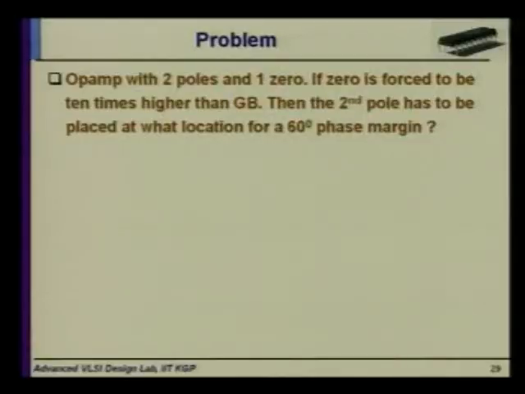First write down the gain expression using just 2 poles for a 2 pole and 1 zero system. You can try it.